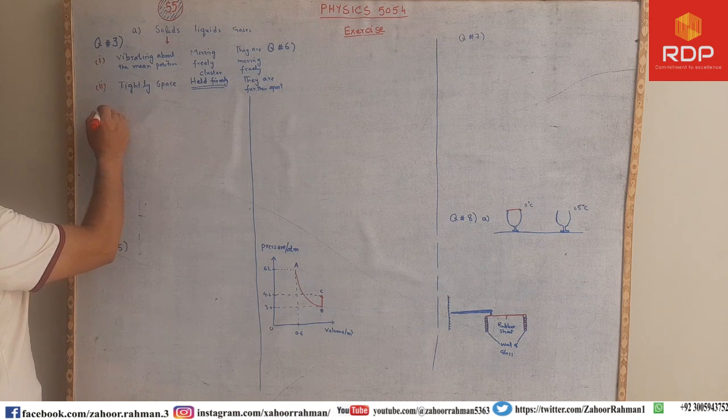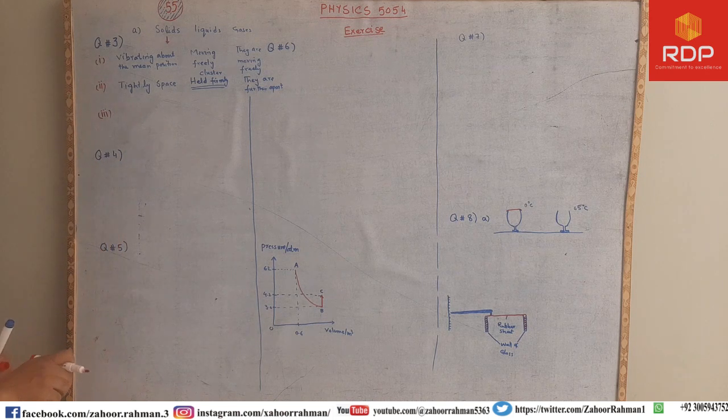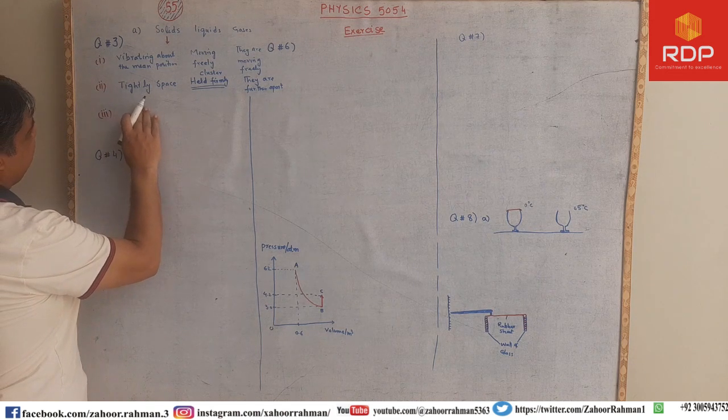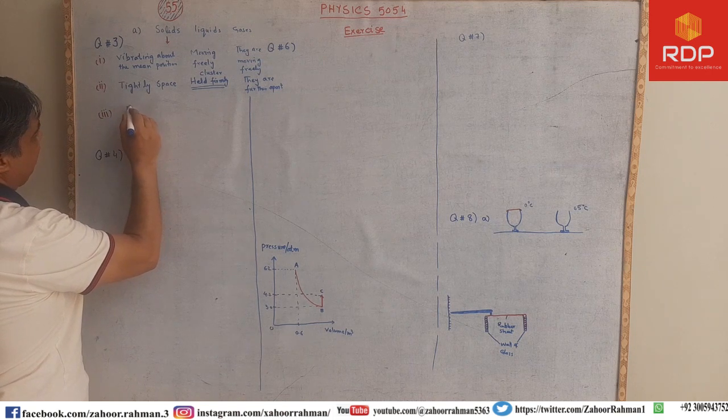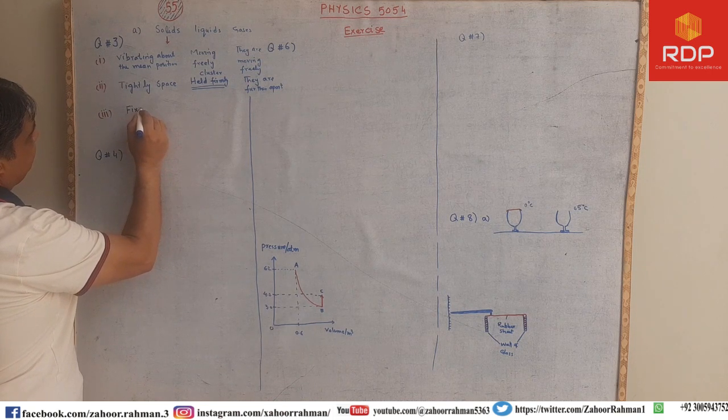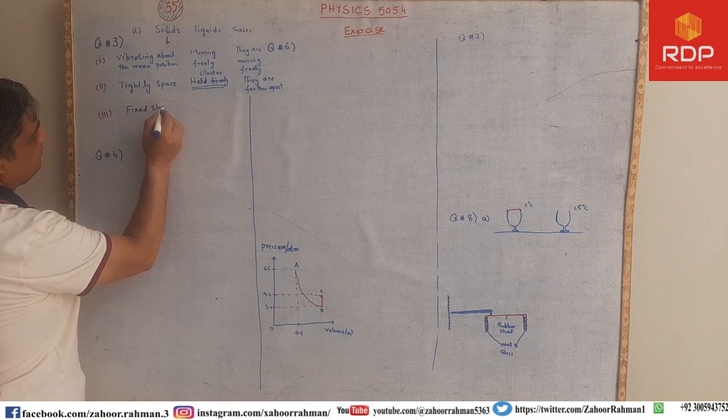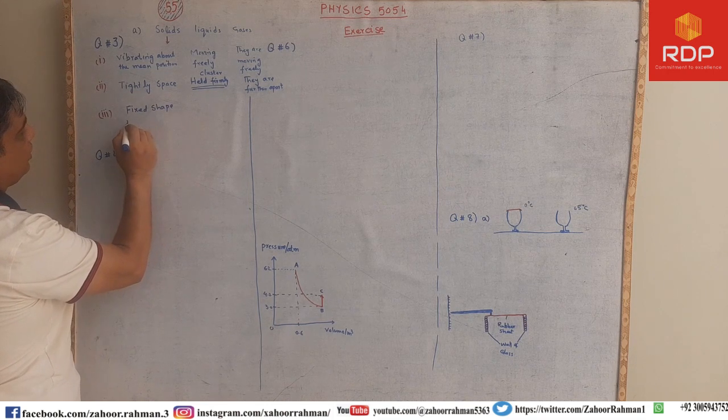The third one, we have to differentiate between solids, liquids and gases in terms of shape and volume. Solids have fixed shape and fixed volume.